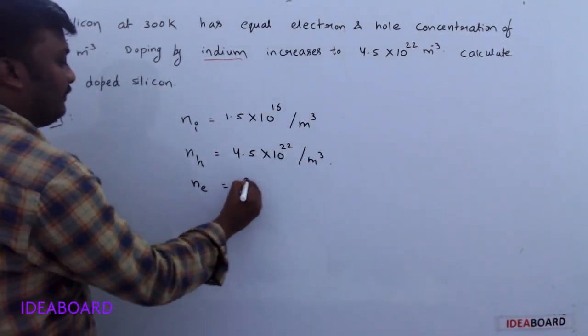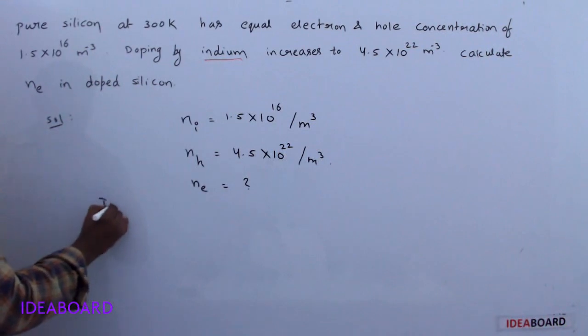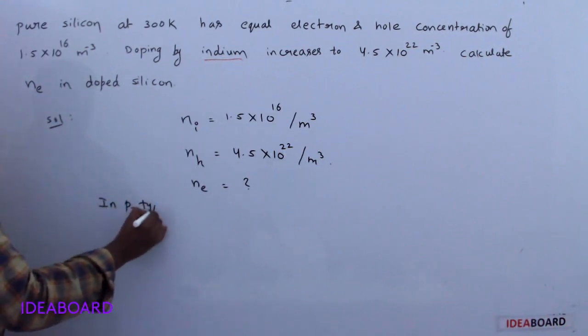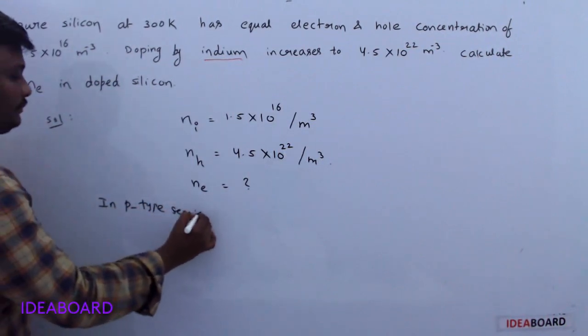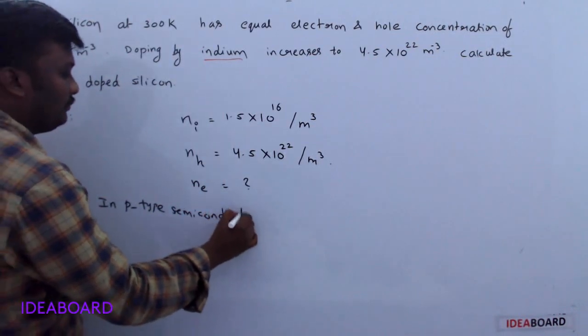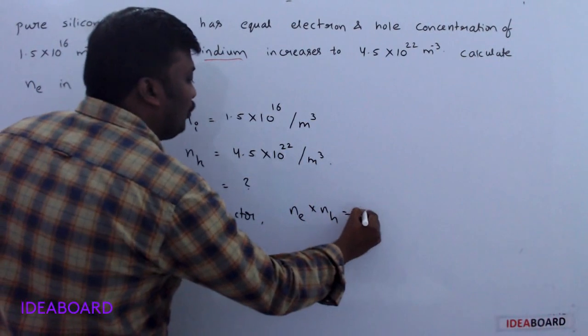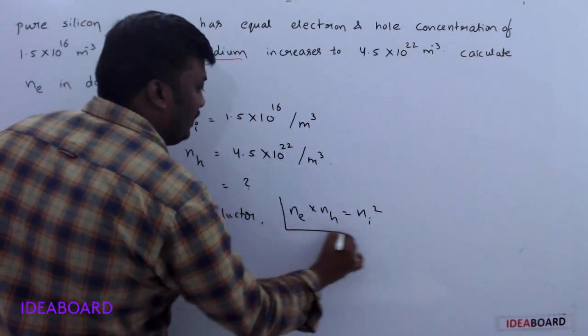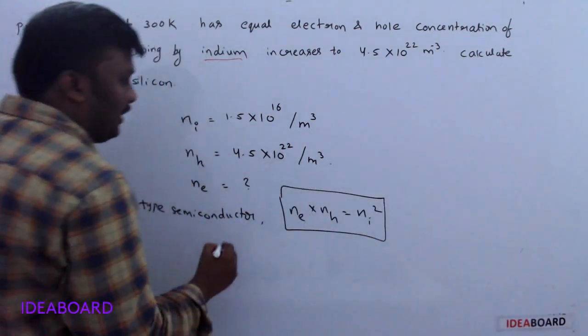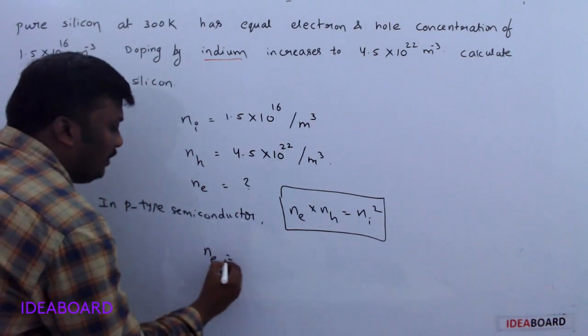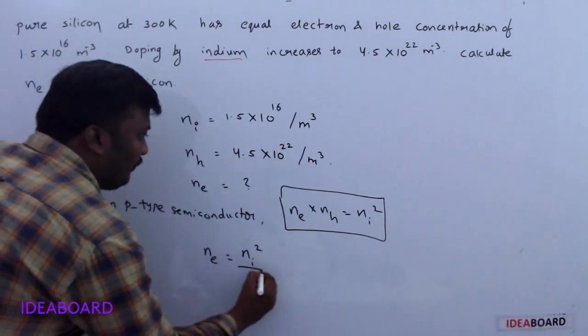They are asking for Ne. So we know that in a p-type semiconductor, Ne × NH is equal to Ni square. By using this formula, can you find Ne now? Ne is equal to Ni square by NH.